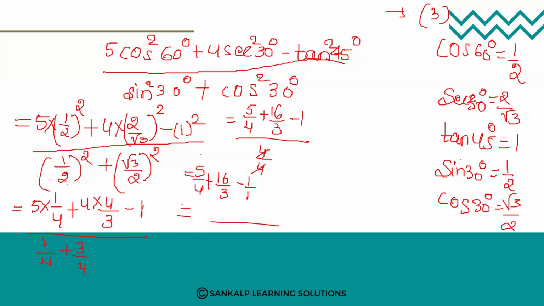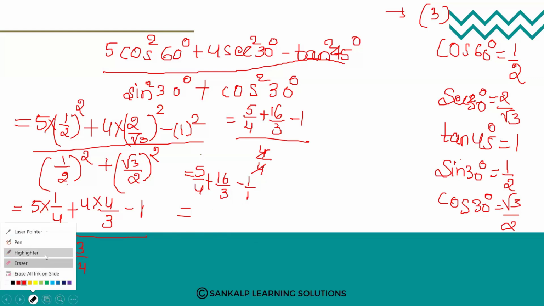It is 12. Or you can do one more thing. See here 3 is there, here 1 is there. So first I will write 5 divided by 4 as it is. So let us simplify. If you take 4, 3 and 1 directly, the LCM is 12.